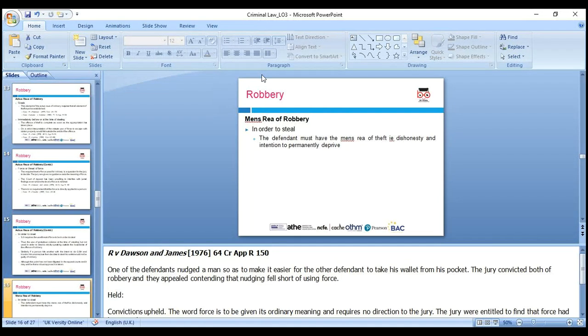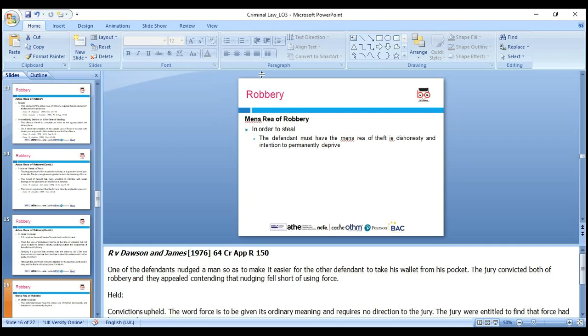Mens rea of robbery. In order to steal, the defendant must have mens rea. Theft is dishonesty and the intention to permanently deprive. One defendant knocked a man down to make it easier for the other defendant to take his wallet from his pocket.